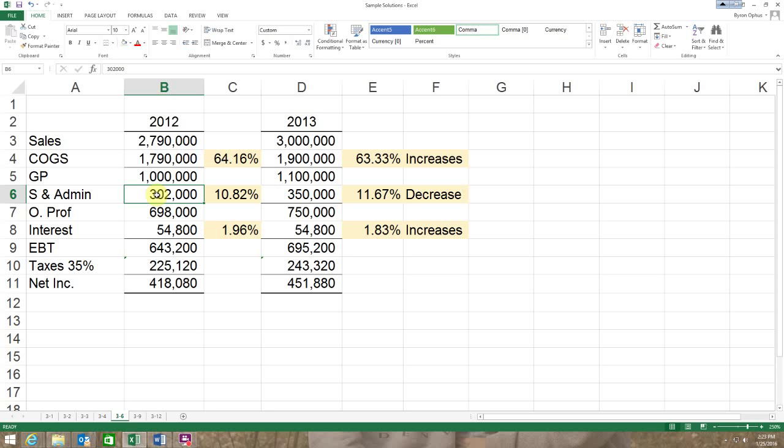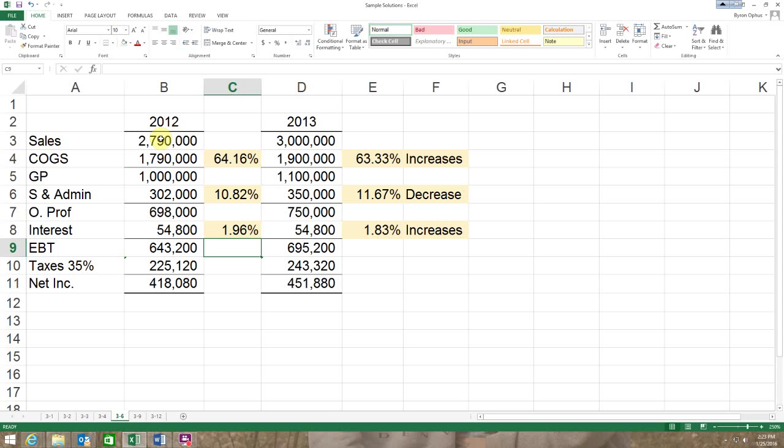I want to do my selling and administrative based on my sales, so it's simply equal to my expense of $302,000 divided by my sales. Left click on that, it gives me 10.82%. And I do the same for my interest. It's equal to my interest divided by my sales. Okay, so there you have it.